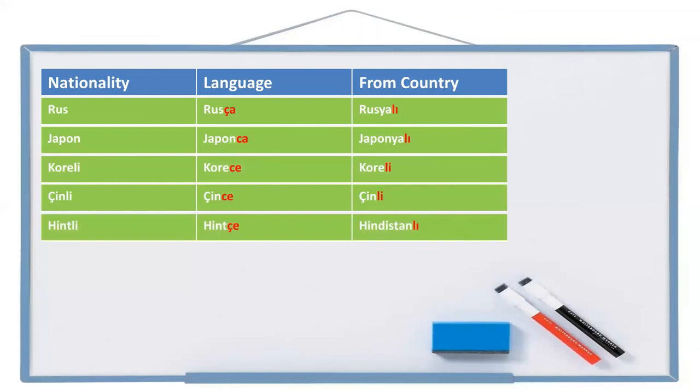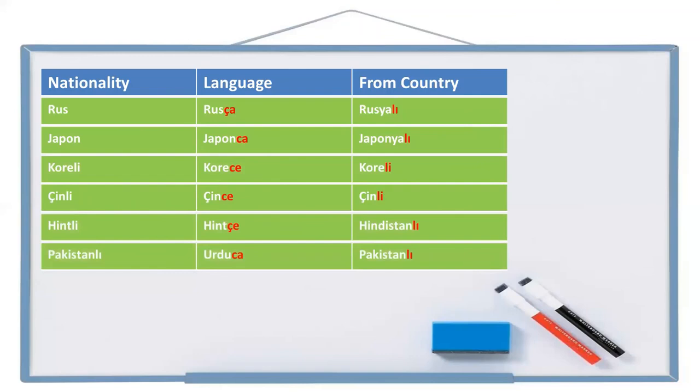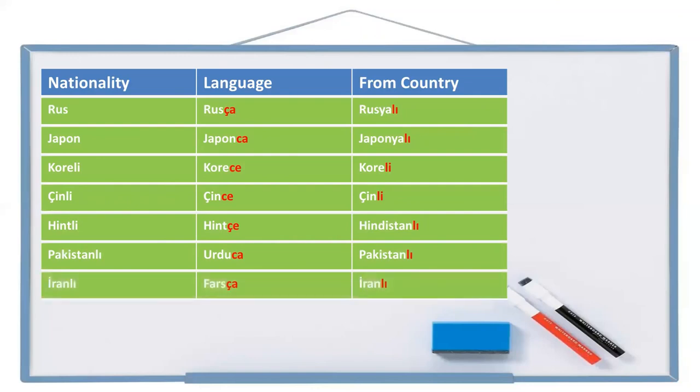From that country, Hindistanlı. Another one. Pakistani as the nationality is Pakistanlı, and the language is Urduca, and the country is Pakistan. From that country, Pakistanlı.